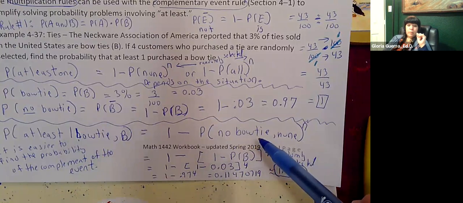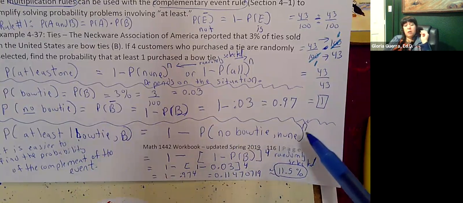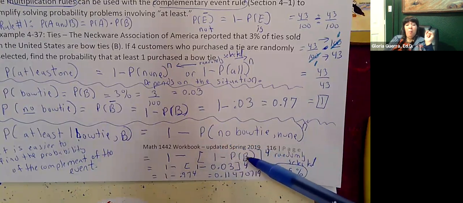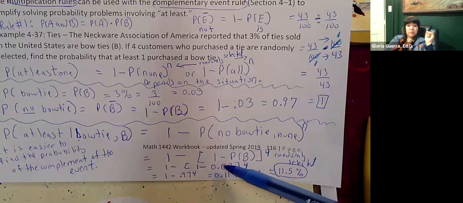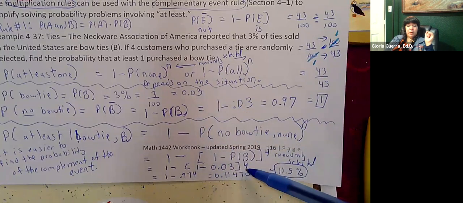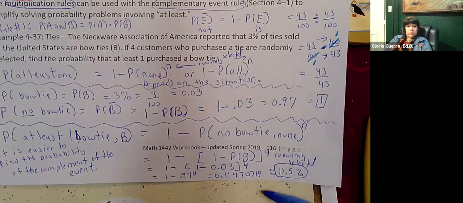And then we put this in power from the multiplication rule because there's 4 people randomly selected. And so this would be 1 minus probability of B. So 1 minus probability of B is 0.03. So we had that right here to the fourth power. And then we just typed this in one keystroke. And it gave us that.